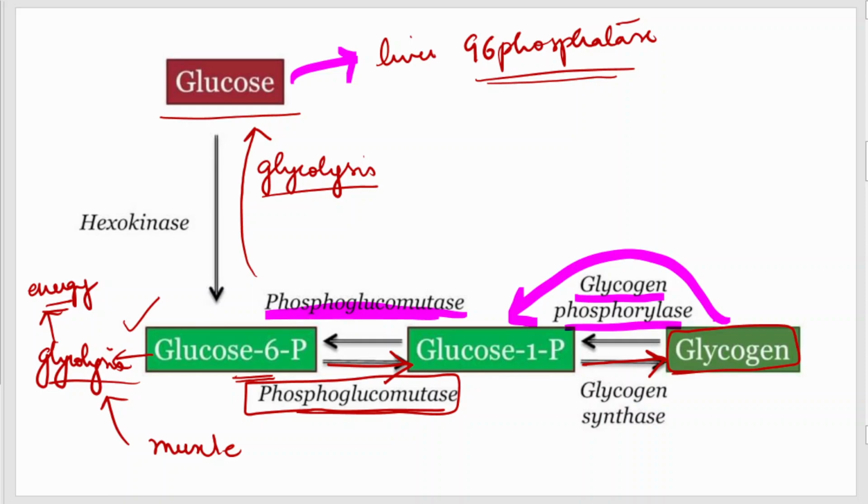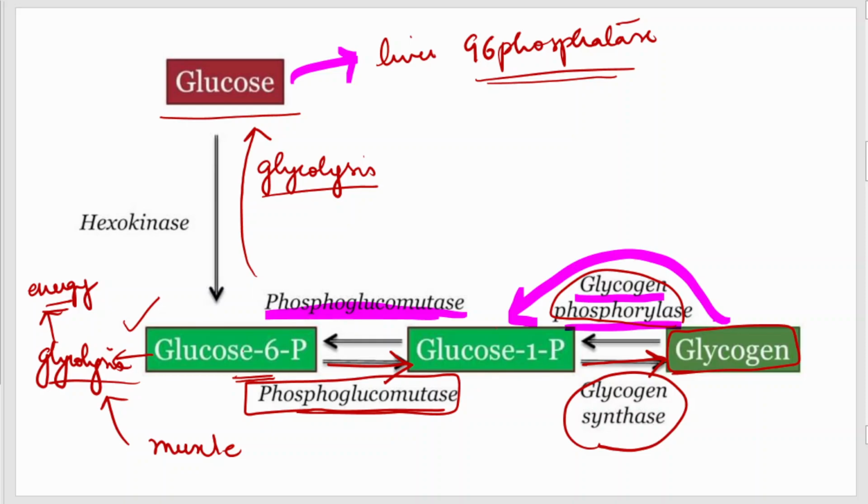Glucose goes to glucose 6-phosphate, which can enter into glycogen synthesis, and the rate limiting enzyme is glycogen synthase. In glycogenolysis, the rate limiting enzyme is glycogen phosphorylase. Here glycogen is converted to glucose 1-phosphate and then to glucose 6-phosphate.